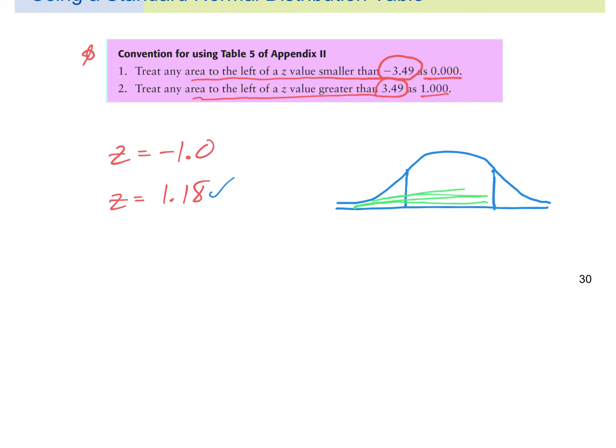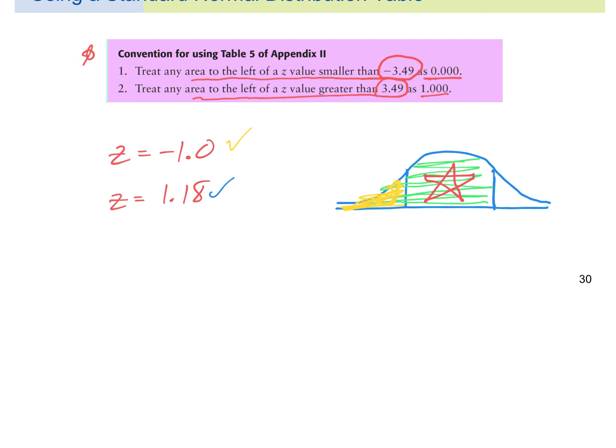When I look up the larger z-score, it's going to give me the area to the left of it, all of this. When I look up the area of negative 1, it's going to give me this area to the left of that. Well, if you think about it, I want the area that's in between, right? I'm doing that third example.